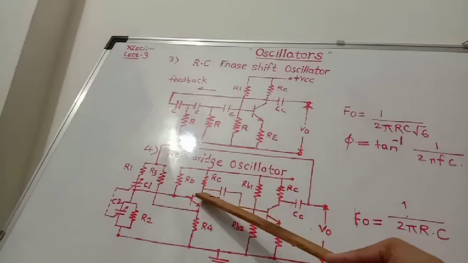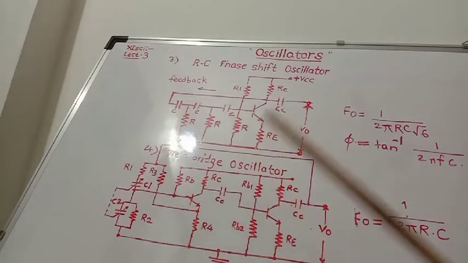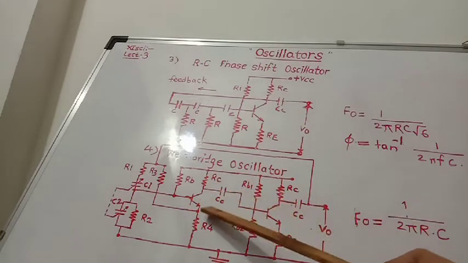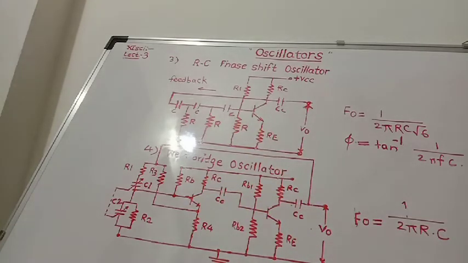The output of the first stage is given to the input of the second stage through RC coupling, so they are called RC coupled amplifiers. There are two RC coupled amplifiers in the Wien bridge oscillator to obtain sufficient gain. Then the output of the second amplifier is fed back to the input of the first stage.